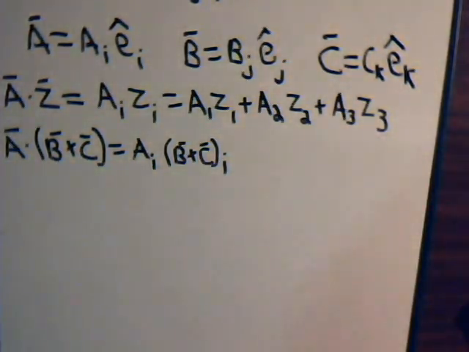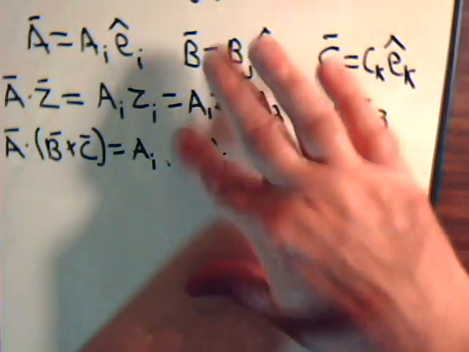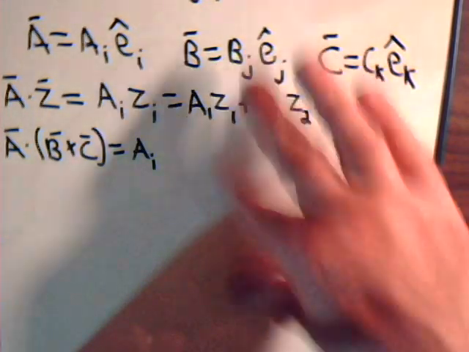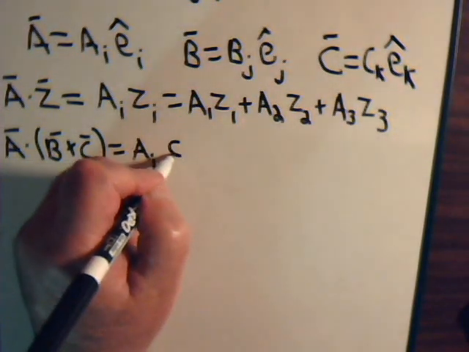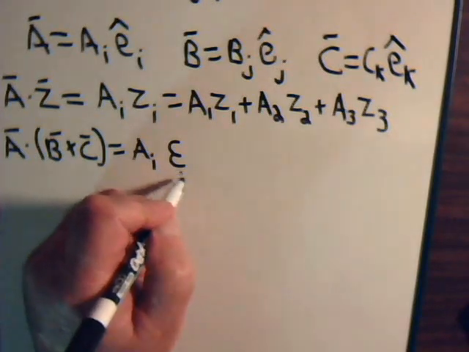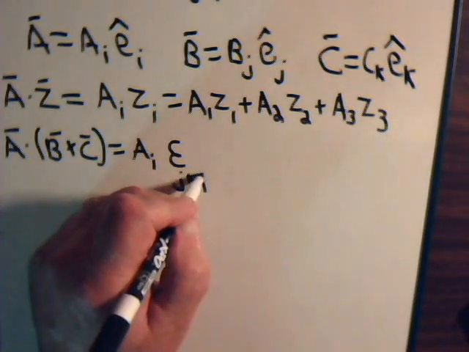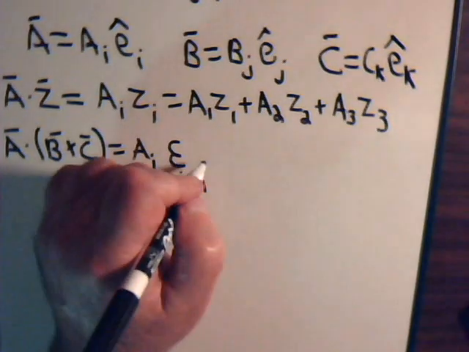Now we get rid of this, and we substitute in epsilon J K I B sub J C sub K.